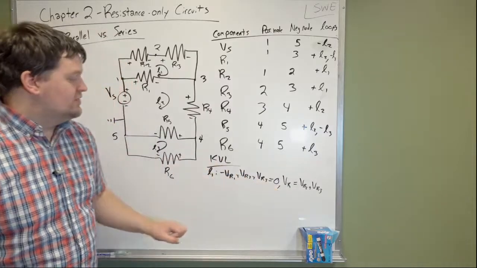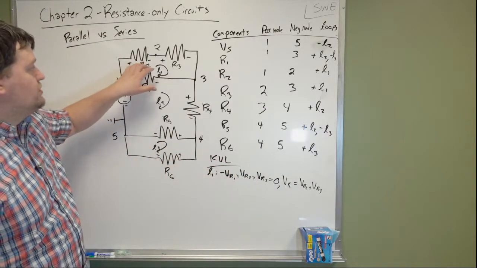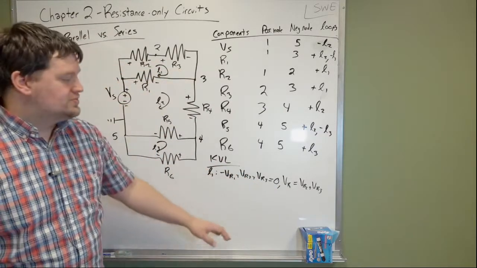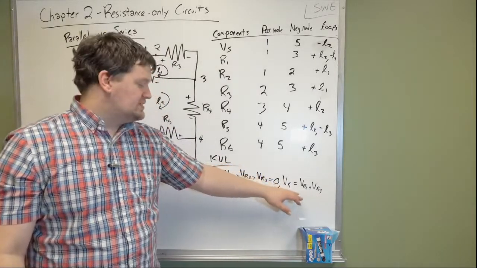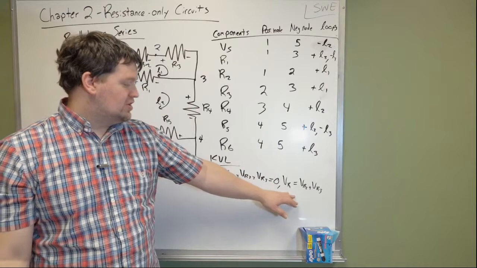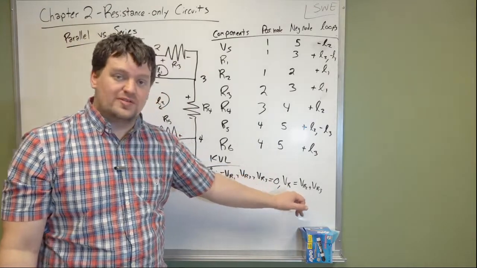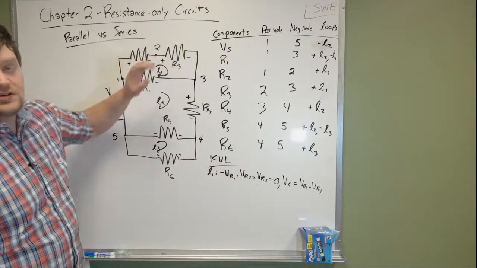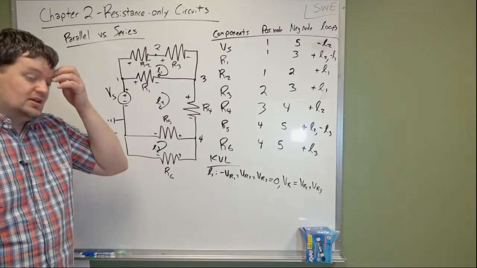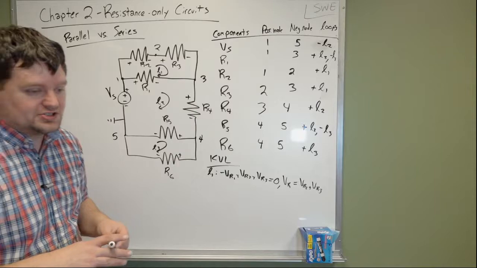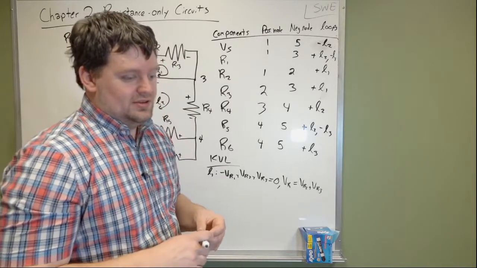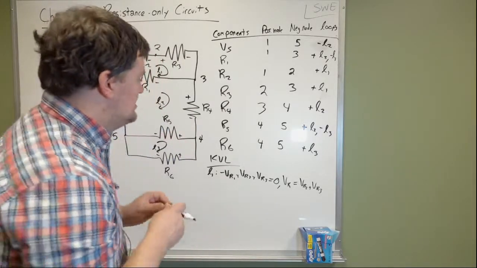Here, VR1 is in parallel with both VR2 and R3, which means if we can figure out an equivalent resistance here, they will basically be in parallel. R1 would be in parallel with an equivalent resistance that equals R2 and R3. Now we're not going to get into equivalent resistance until the next lecture, but that's just something to keep in mind.